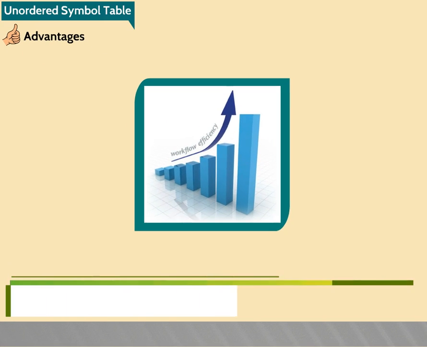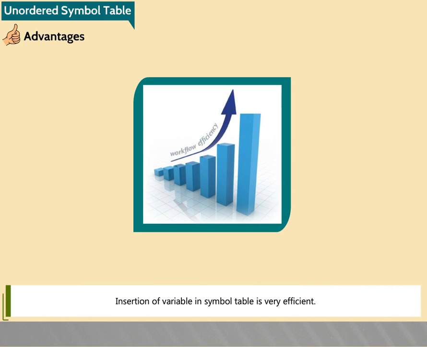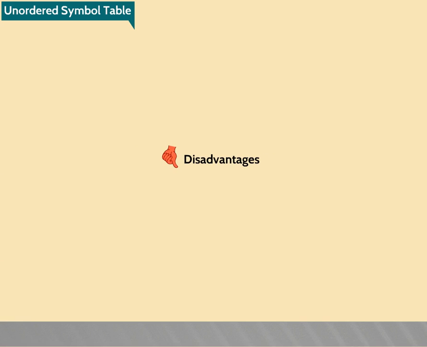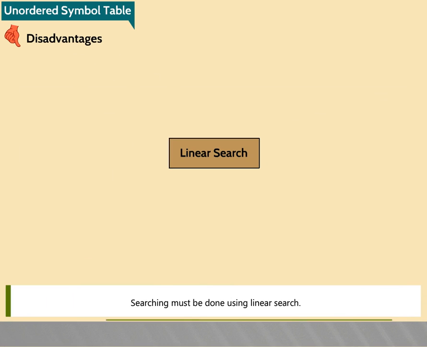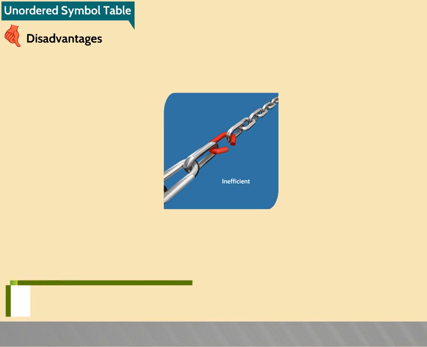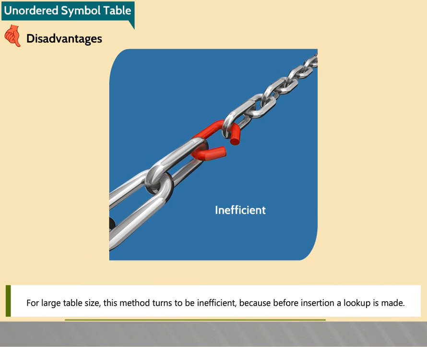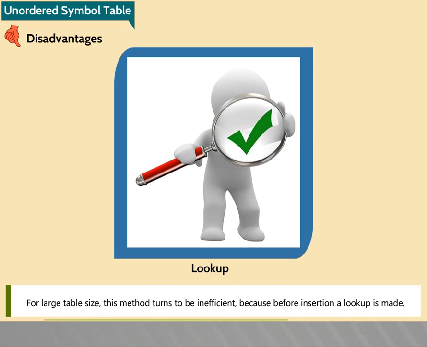Advantages. Insertion of variable in symbol table is very efficient. Disadvantages. Searching must be done using linear search. For large table size, this method turns to be inefficient because before insertion, a lookup is made.